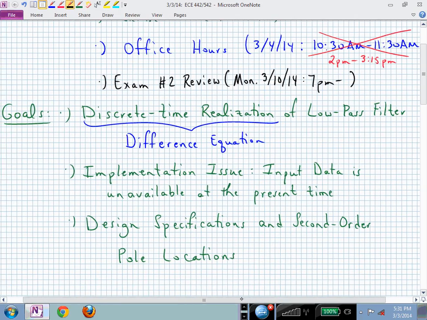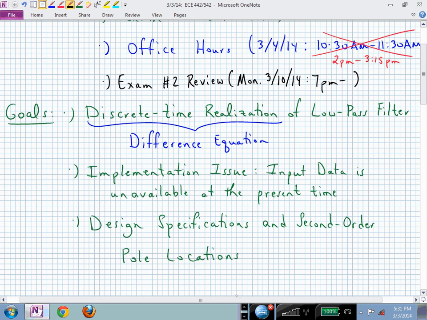What I want to do today is talk about realizing some of these systems that we've now created. We can put these low-pass filters, or any kind of filter that we want, into a discrete time realization or into a difference equation. And let's just do that for a low-pass filter as an example.